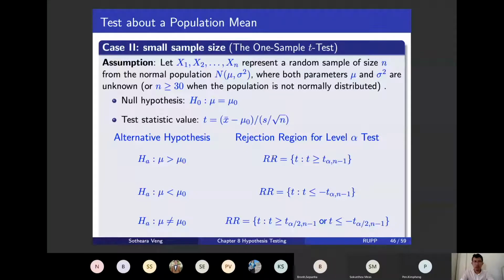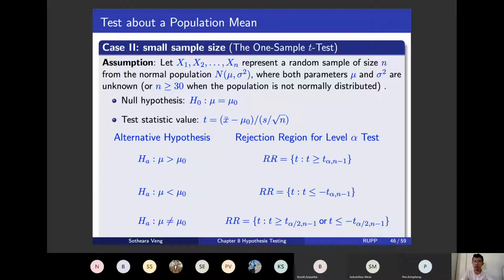Okay, so usually this is the problem where you come up with a hypothesis about something, for example, the population mean.